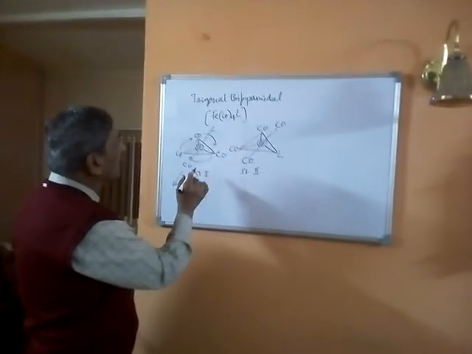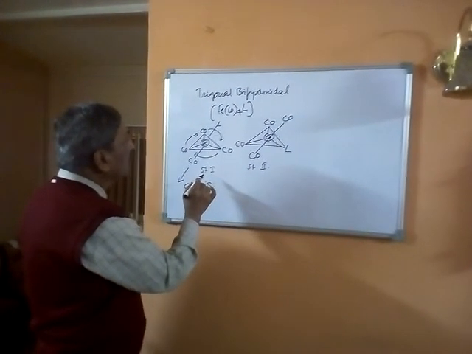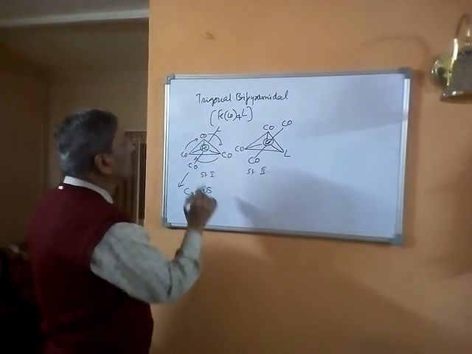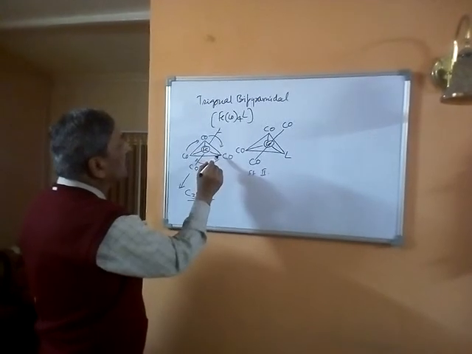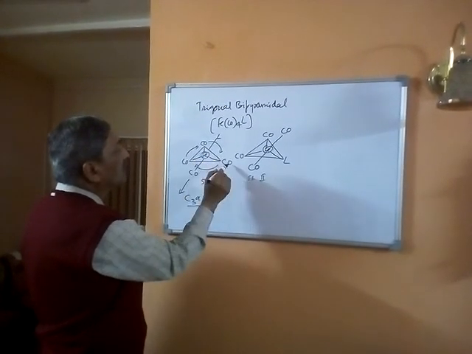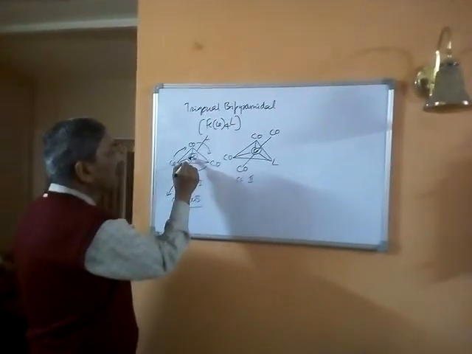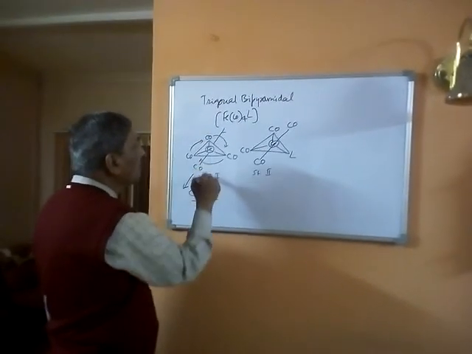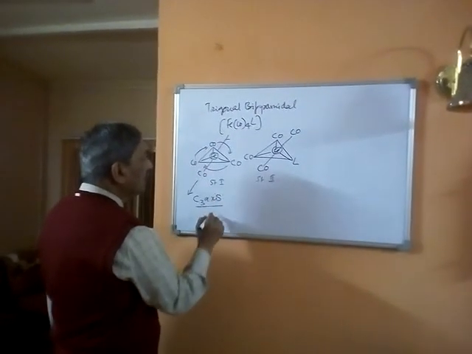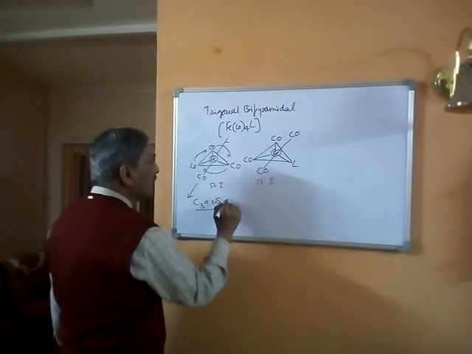Besides this, it is also going to have planes of symmetry. So you will have a plane of symmetry passing through one of the bonds, that is a bond between an iron and CO. So there will be 3 planes of symmetry, and these will be the vertical planes of symmetry.